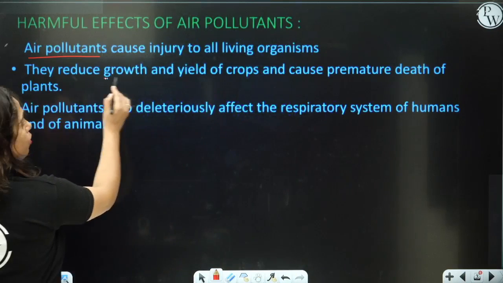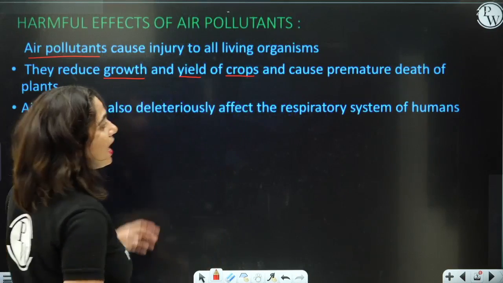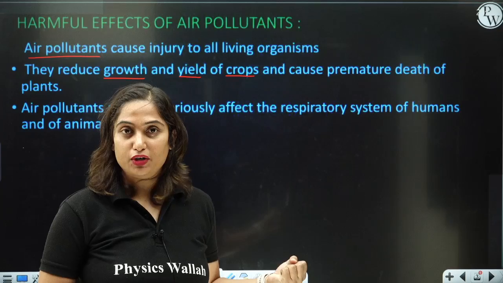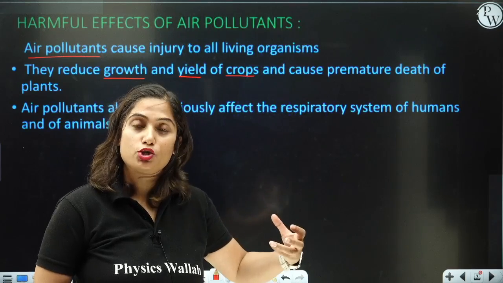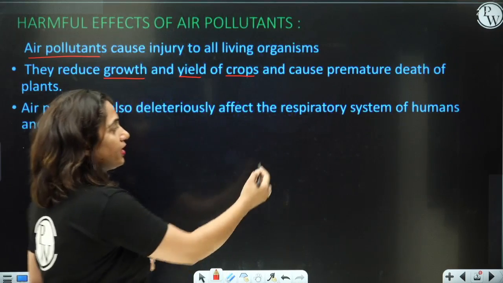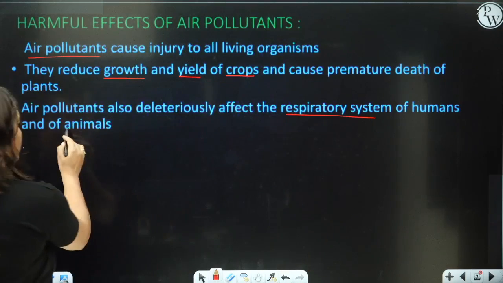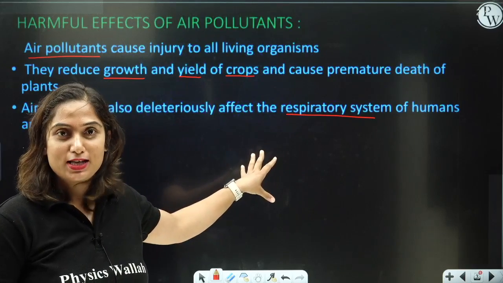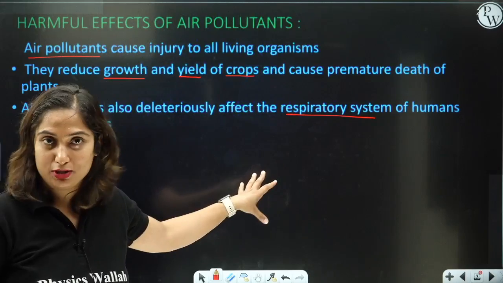They reduce growth and yield of crops and cause premature death of plants. They can decrease the productivity of plants. And air pollutants can affect the respiratory system of humans and animals. So these are the harmful effects of air pollutants on plants and on animals.